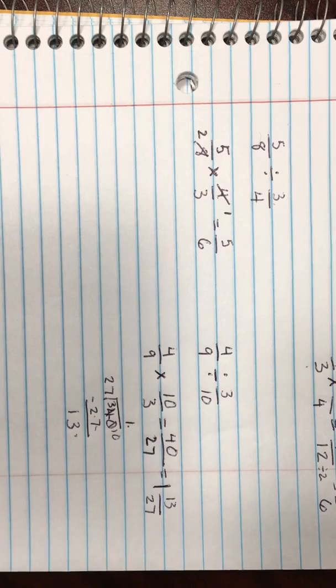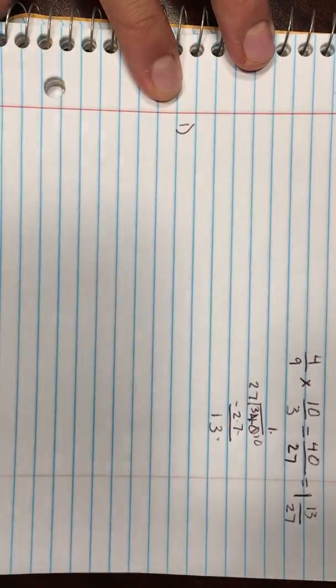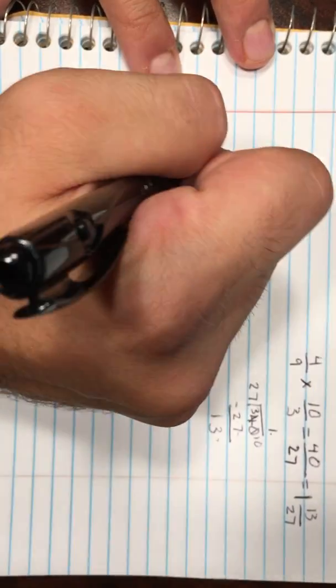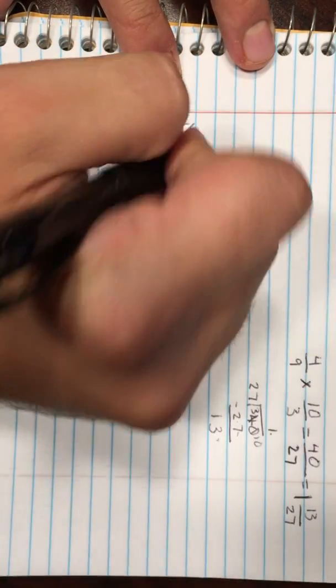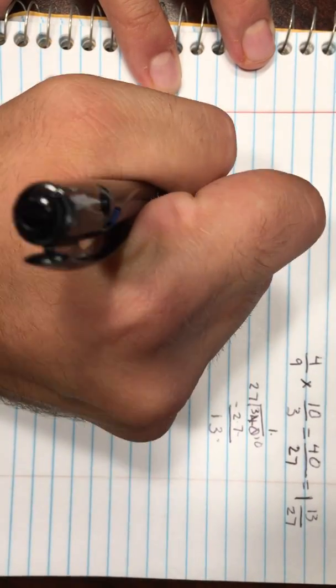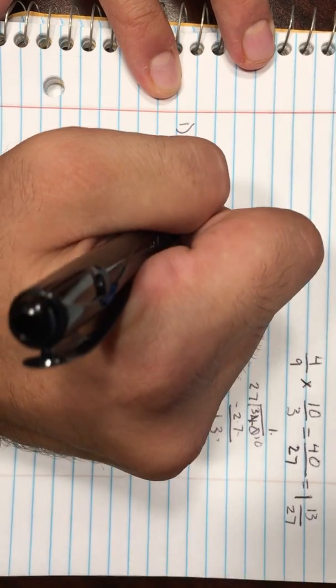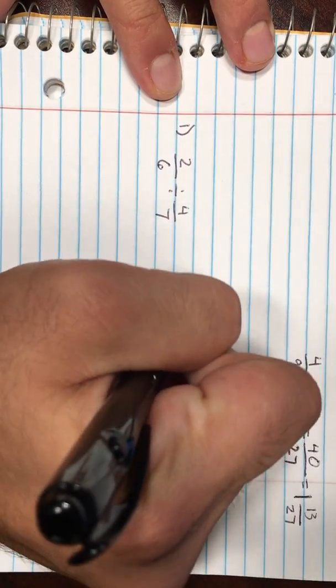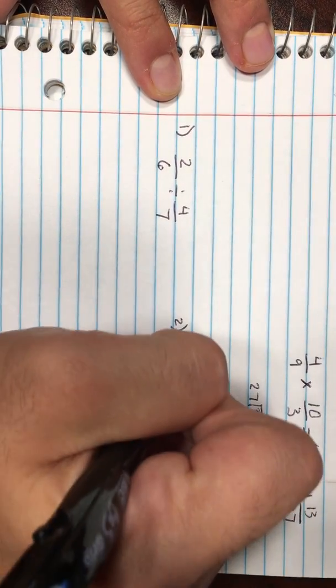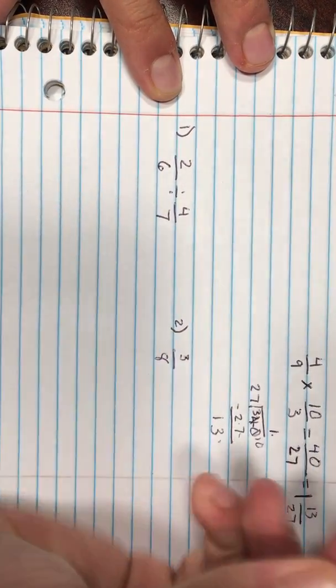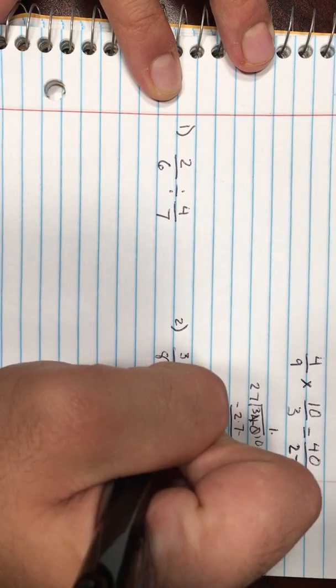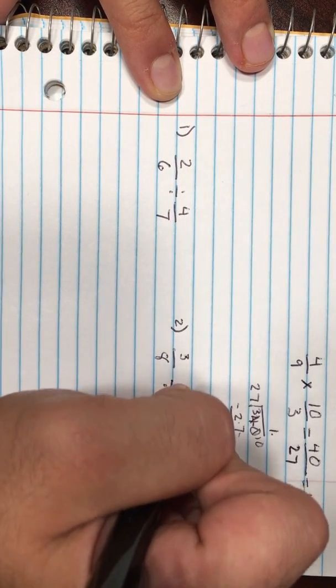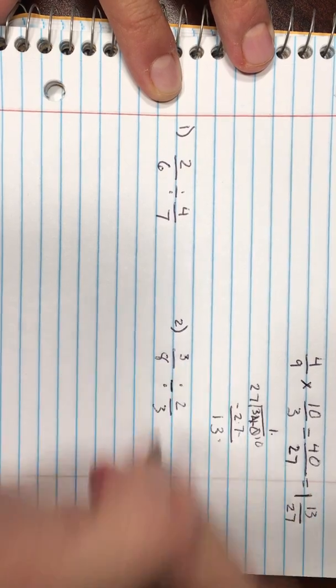Okay, so I'm going to give you a couple to try. You can pause your video, attempt these, and then hit play again and watch me go over them. So let's say we have 2/6 divided by 4/7. And then for the second one, 3/8 divided by 2/3.